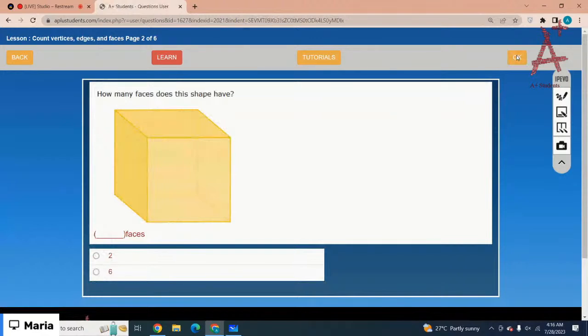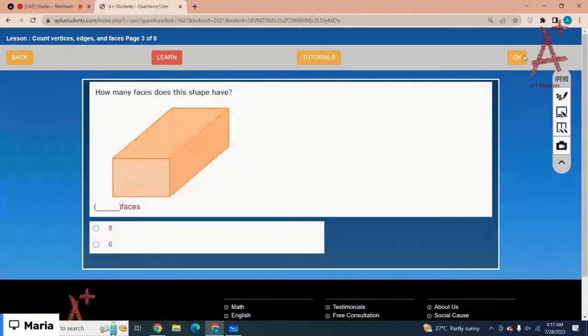How many faces does this shape have? The correct option is 6. The correct option is 6.